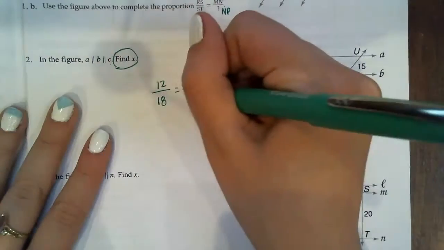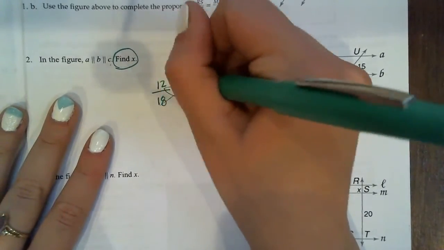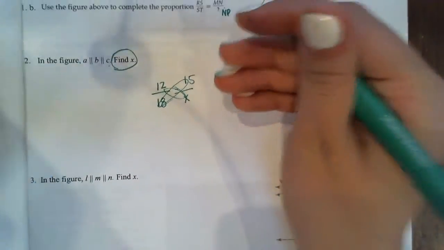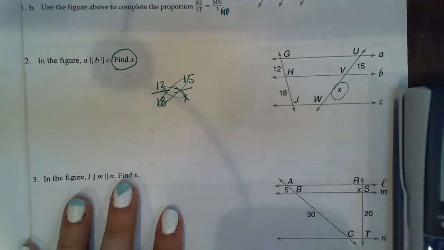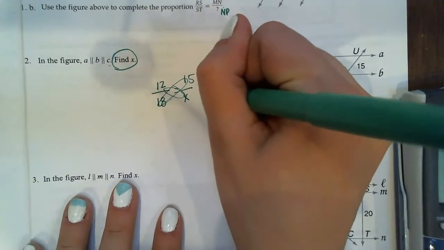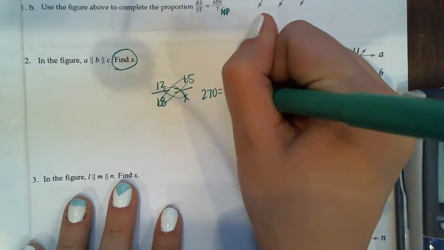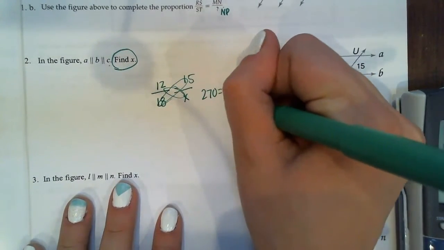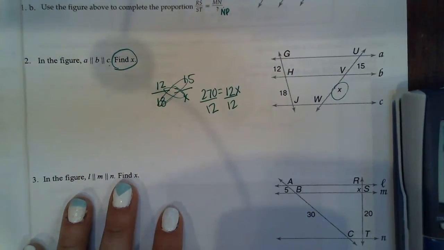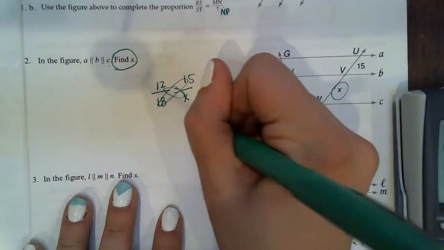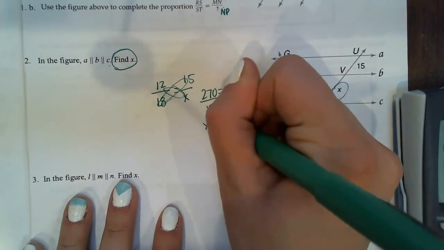And what we're looking for, X. I'm going to cross multiply and get my calculator out. 270 equals 12x, divided by 12, divided by 12. X equals 22.5.